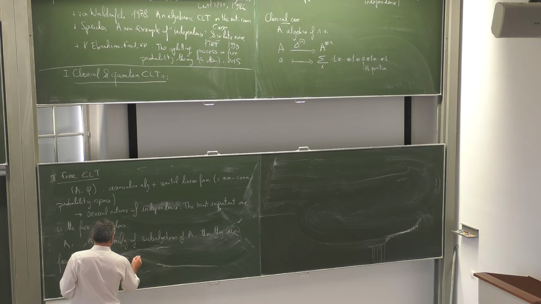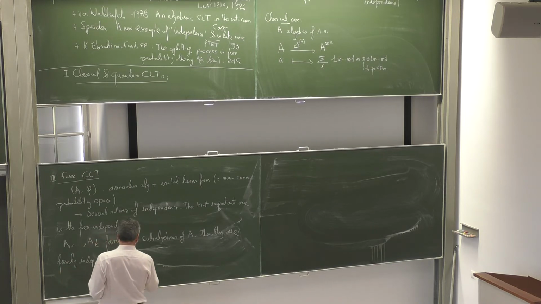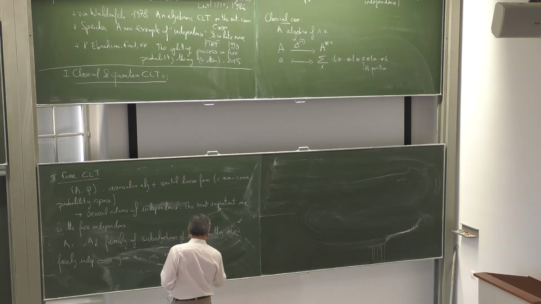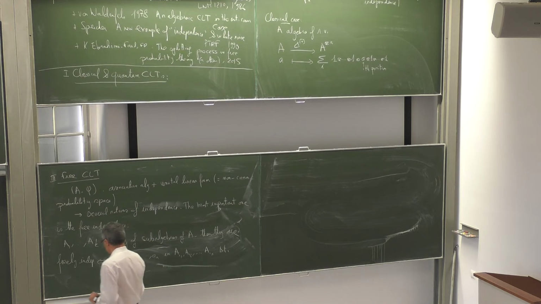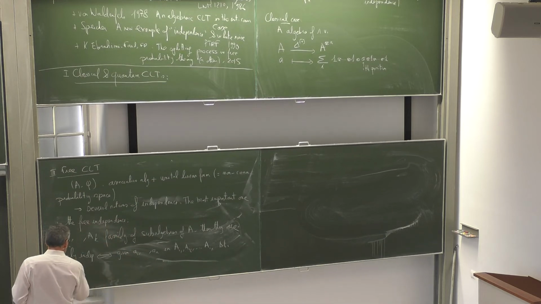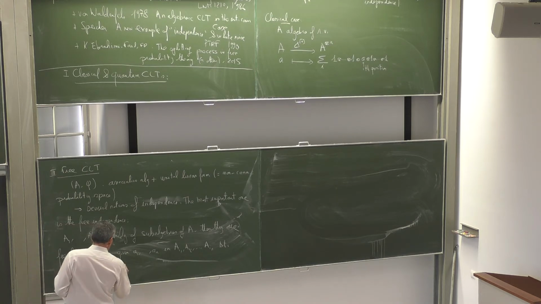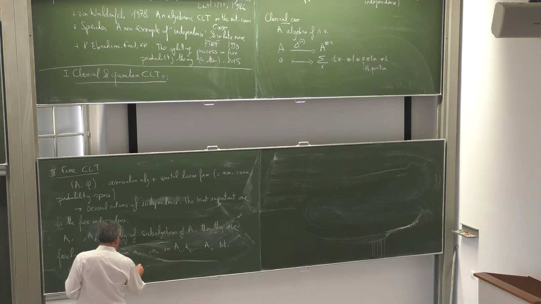Given A1, ..., AN, each in one of these subalgebras, AI1, AI2, ..., AIN, such that, so first, these non-commutative random variables are centered, and consecutive indices of the algebras are distinct.